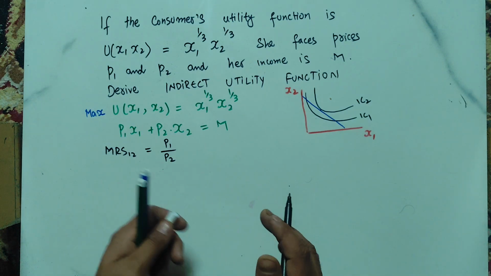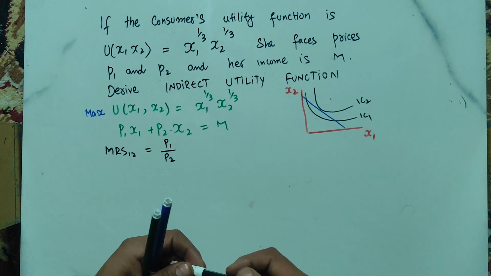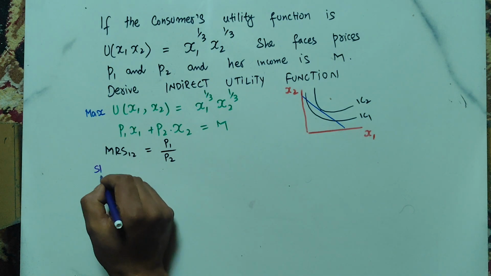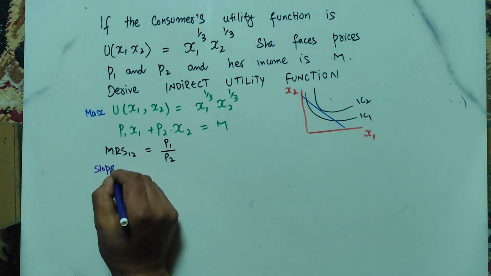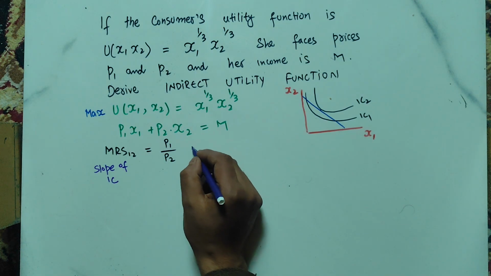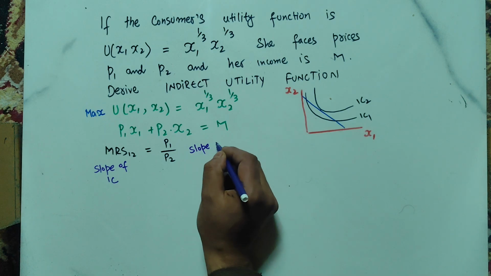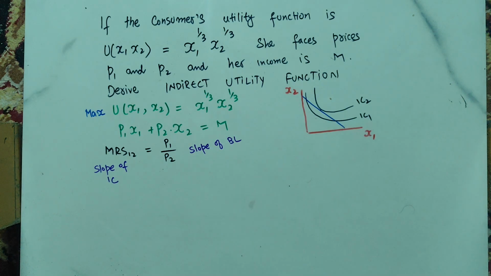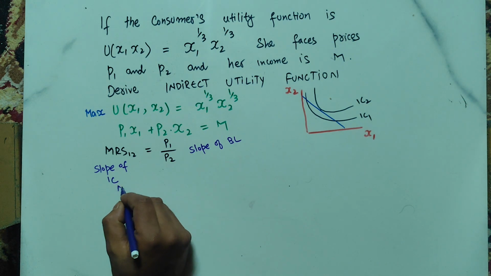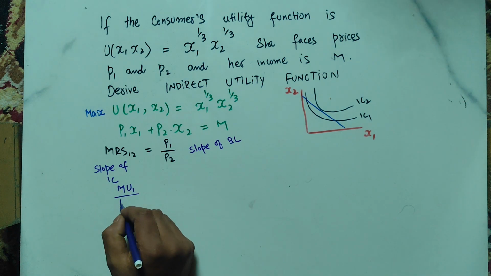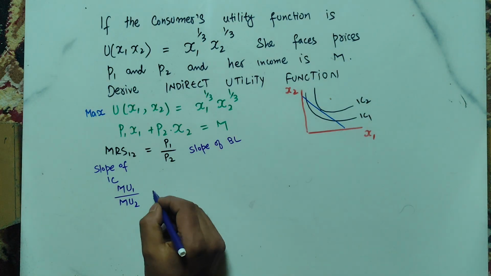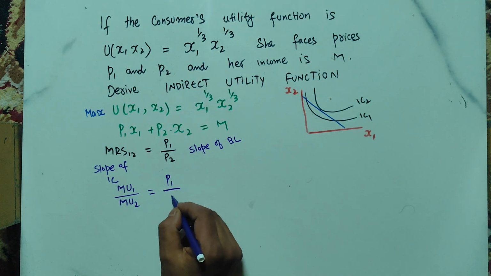MRS simply denotes the slope of the indifference curve, and it should be equal to the ratio of the prices, which is the slope of the budget line. Now we also know that the marginal rate of substitution between two goods is simply the ratio of the marginal utility of good 1 and the marginal utility of good 2. It should be equal to the ratio of the prices P1 upon P2.